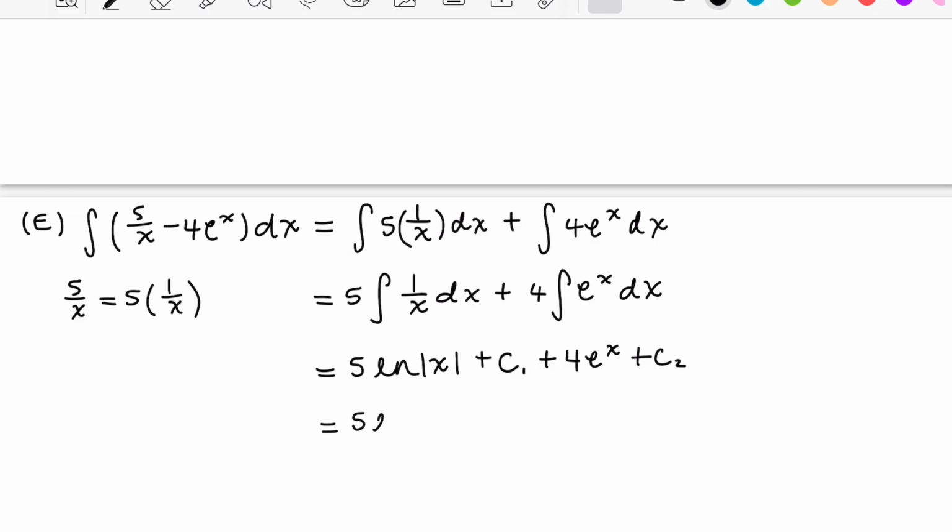So we'll get 5 times ln absolute value of x plus 4 times e to the x plus c. All right, and sorry, I just realized that for some reason I added these guys, but we're subtracting this 4e to the x. When we split out our integrals, we are subtracting them because we're looking at the difference of these functions. Okay, so there should be a minus, and a minus, and this will be our final answer.